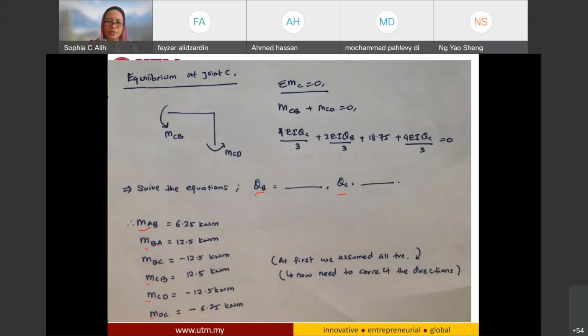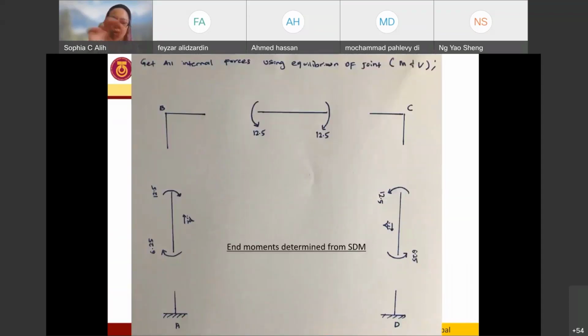For the values which are already positive, you don't have to change them. But for the negative values, you have to correct them in your drawing to show that it is actually a counterclockwise rather than clockwise direction as you predicted before. So now I just take these values, positive 6.25, positive 12.5, and I draw them into my diagram.